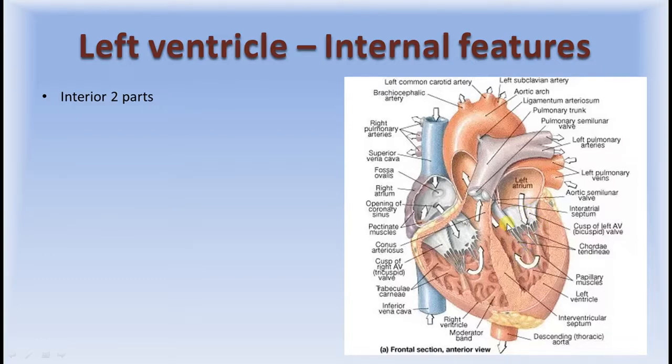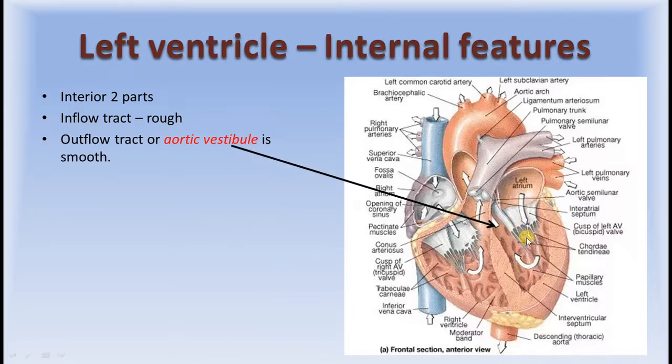The outflow tract here is called the aortic vestibule, which is smooth. On the right side we call it the infundibulum, but here the outflow tract of the left ventricle is called the aortic vestibule. It is smooth, whereas the inflow tract is rough.